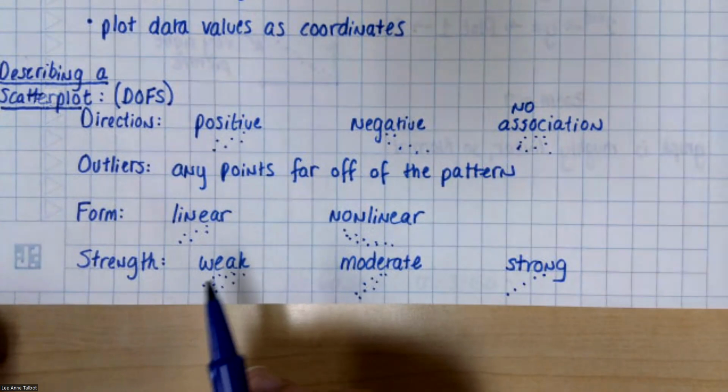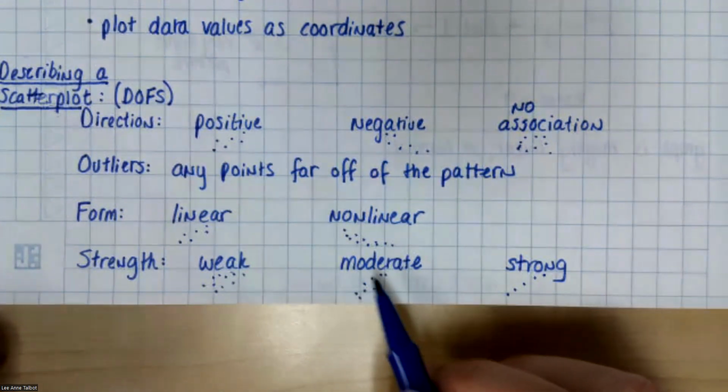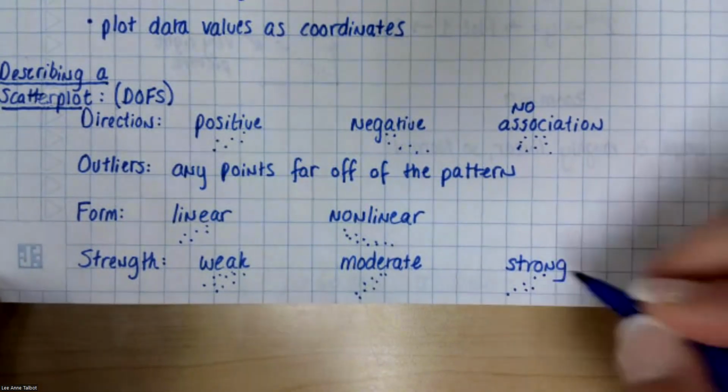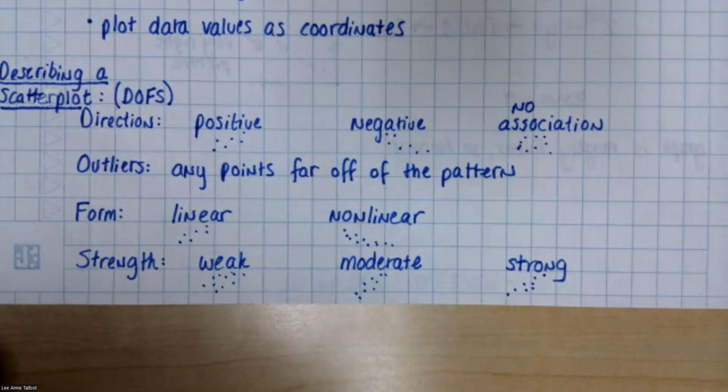Weak, they're kind of spread out, but you can still see that they're going up. Moderate, they're going up. Strong is not perfectly linear, but pretty darn good.